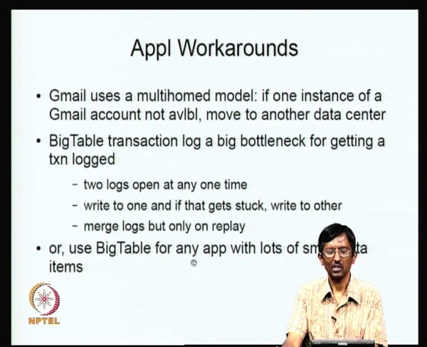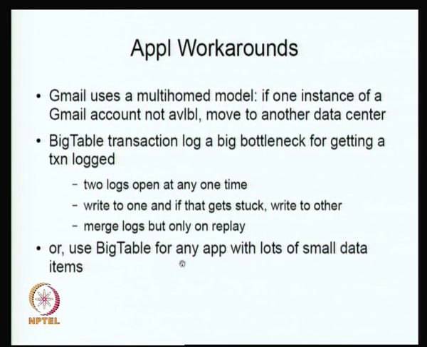BigTable allows you to create items and delete items in memory, and slowly it is pushed to disk in bigger chunks. In a sense, this gives you the ability to aggregate small pieces of data, clean that data at regular intervals, compact them, and later, when you want to make it persistent, push it out to the global file system in big blocks.